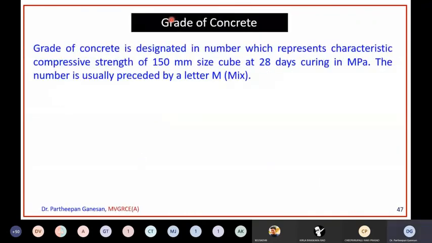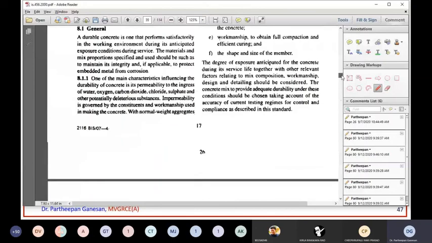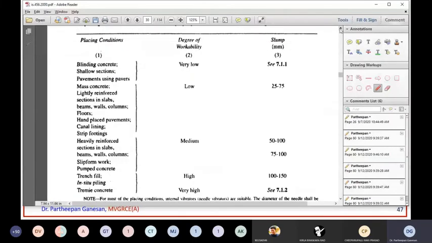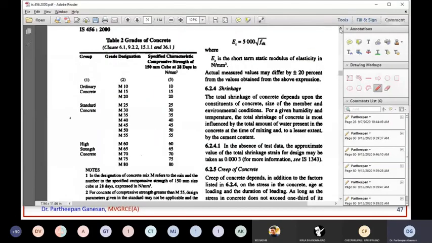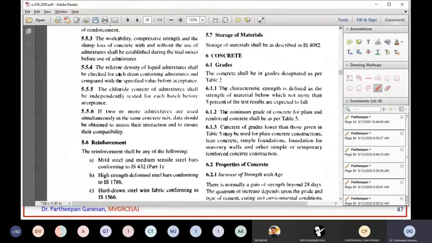Now, what is a grade of concrete? This is also given in your code book itself. If you go a little ahead, here, grade and characteristic strength are defined.